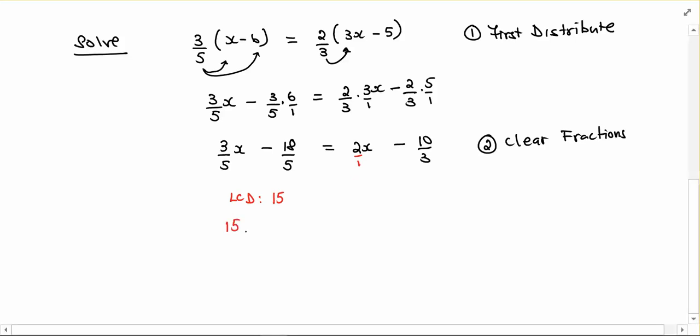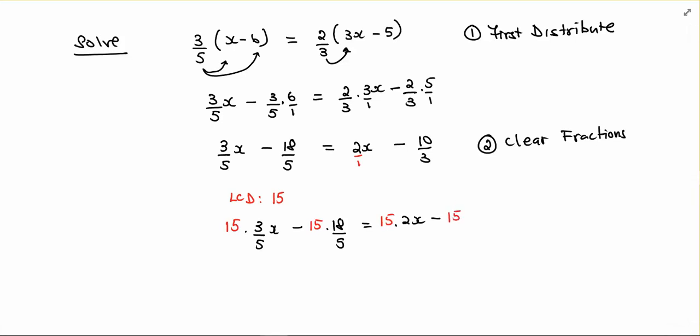You don't have a choice. It's all or nothing. So the first is 15 times 3/5 x minus 15 times 18/5 equals 15 times 2x minus 15 times 10/3. So this is over 1, over 1, over 1.